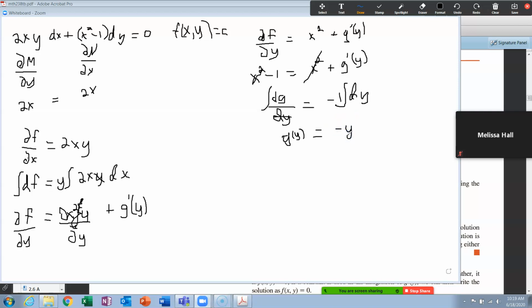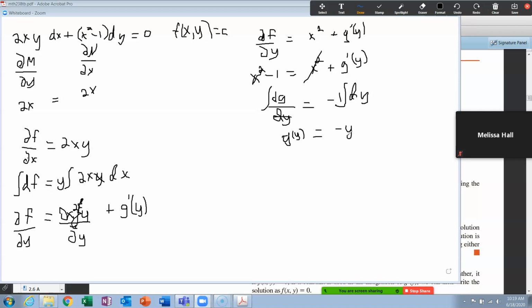Now, at this point, you might be tempted to put in a plus c. Resist temptation. Leave that as your g of y. Let me make sure that we've gotten to the same place they have. Yeah.